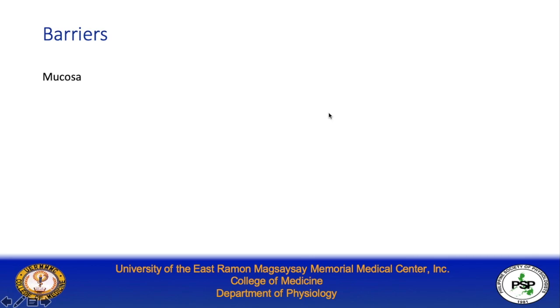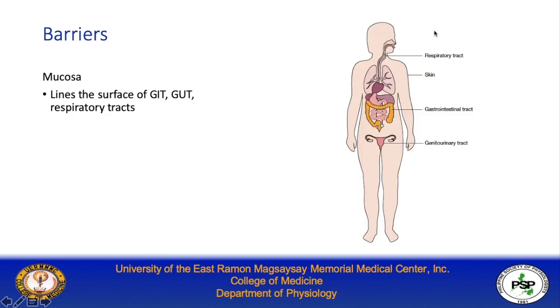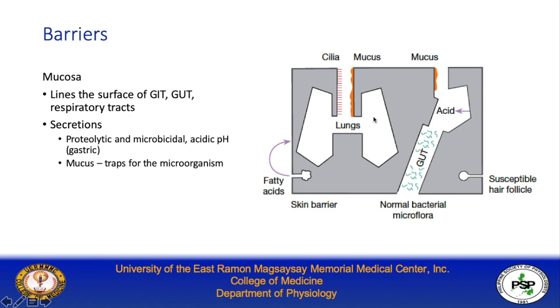Okay, for the mucosa, this would line the surface of the gastrointestinal tract, genitourinary tract, and the respiratory tract. So mainly this. What is special about this mucosa is it has a lot of secretions. And what can be found in these secretions would be several factors.